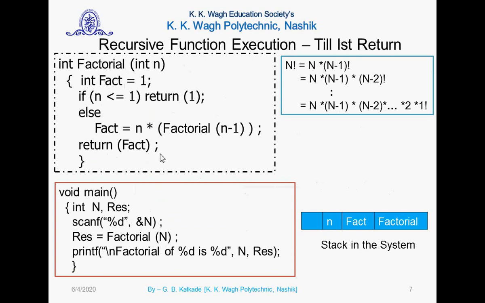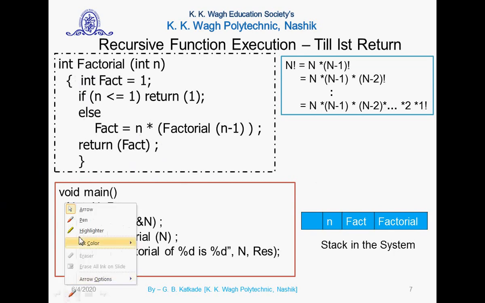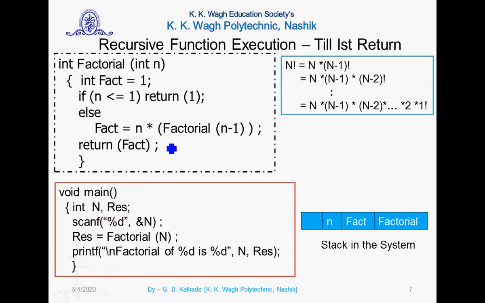So let us see the factorial here, the function factorial. There is a recursive call to the function, which is written here to call the function itself, and every time the parameter will be modified to n-1. Let us assume that the initial value of the parameter n will be 5.